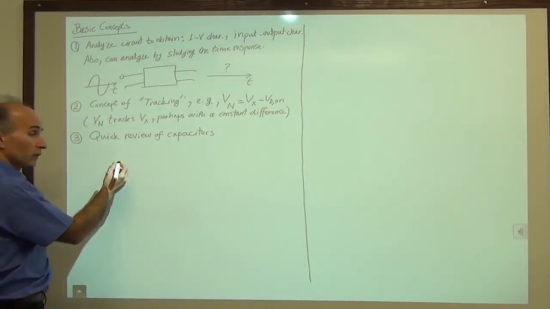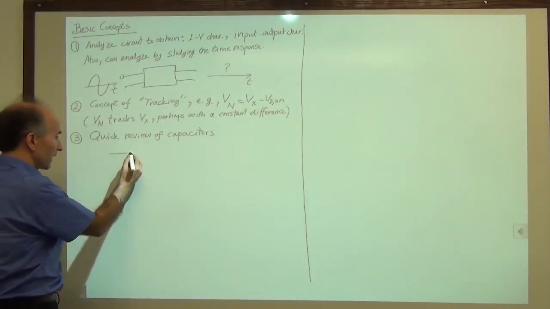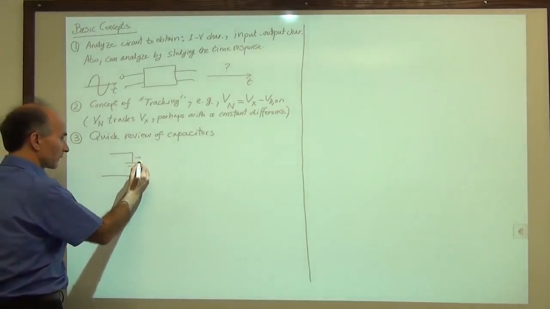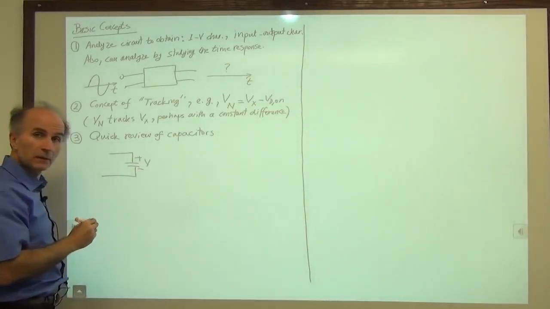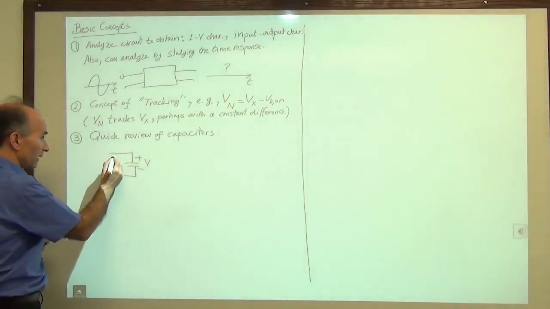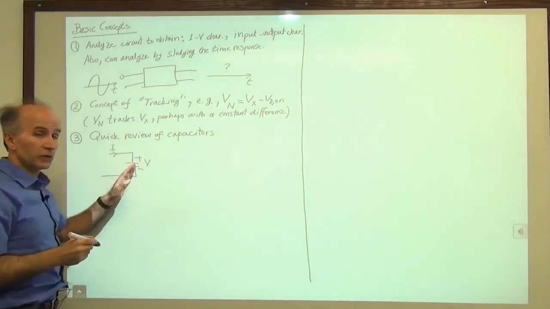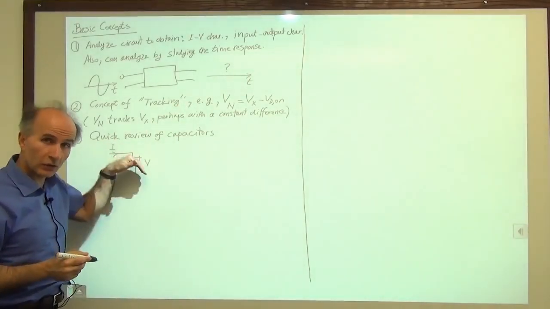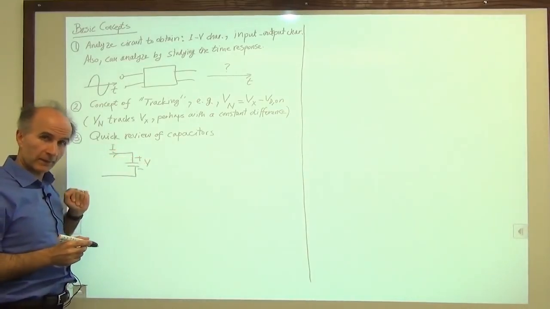All right, so what we do know is the following. If we have a capacitor and we measure the voltage across this capacitor, and then we push a current into the capacitor this way, then this voltage keeps rising because we are putting more positive charge on the top plate of the capacitor.